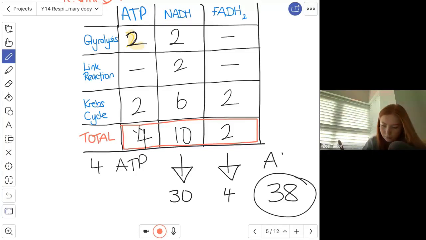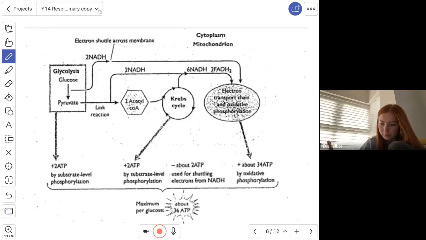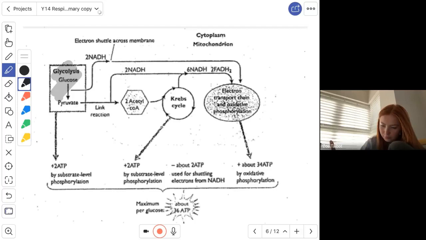Now, that's the proper answer. You would actually say that, well, if we look at the next diagram, I think I've got the next diagram here. It's the second page. This is showing us glycolysis, link reaction, Krebs cycle.